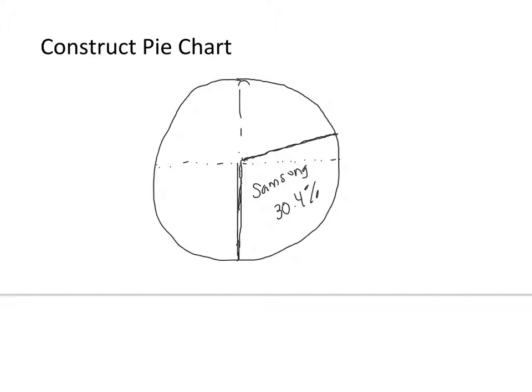So I'll just go ahead and put that in. I want to erase some of the lines. Oops, I kind of did that wrong, but let me see if I can draw back. Samsung. There we go. How's that?